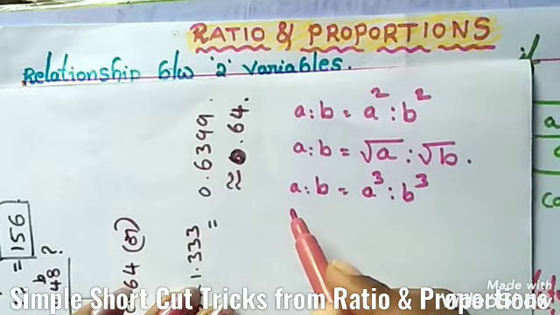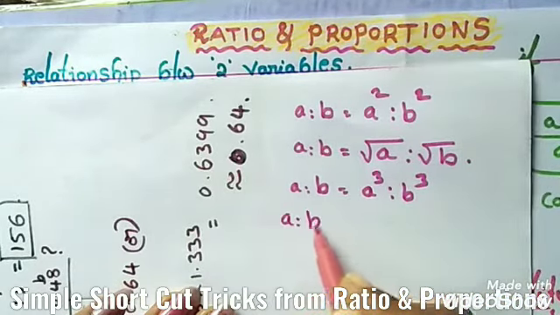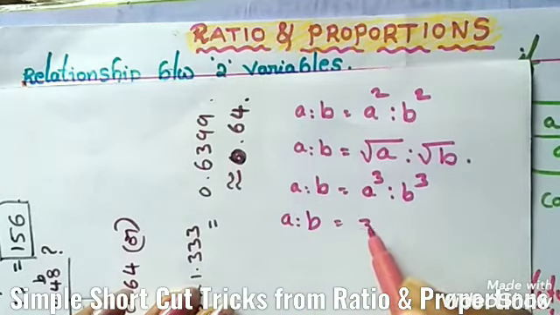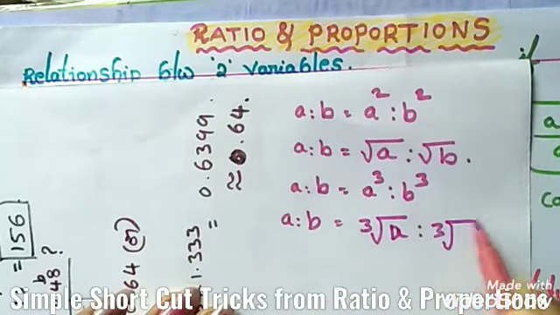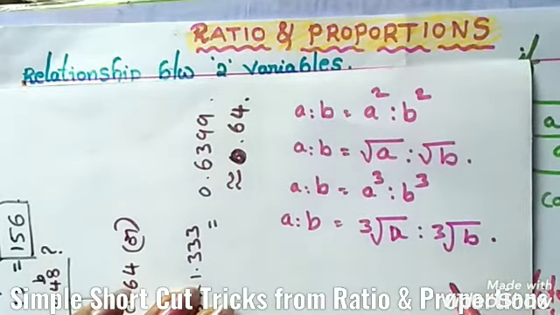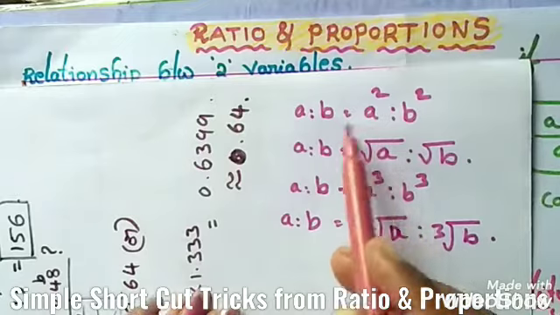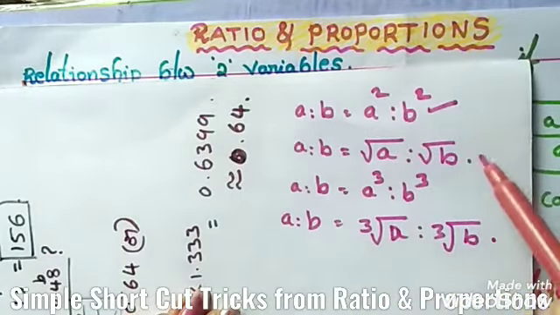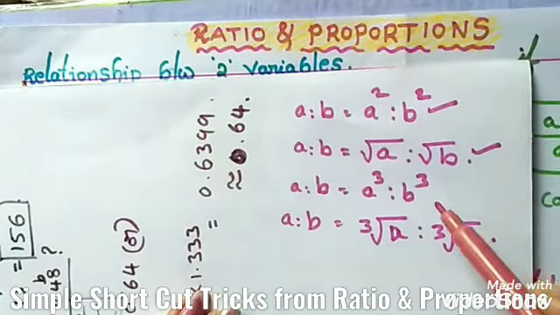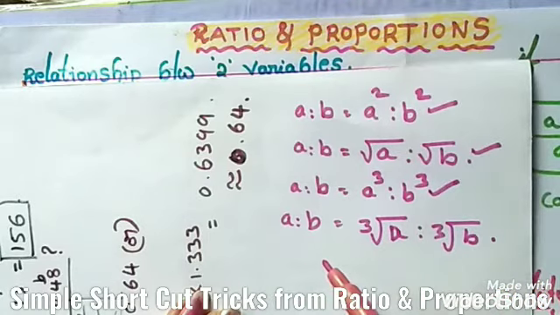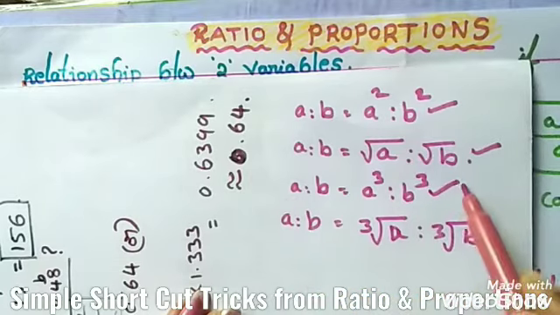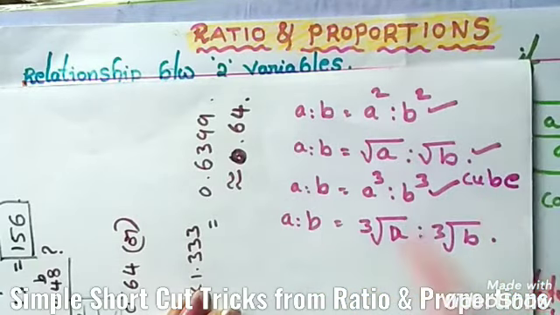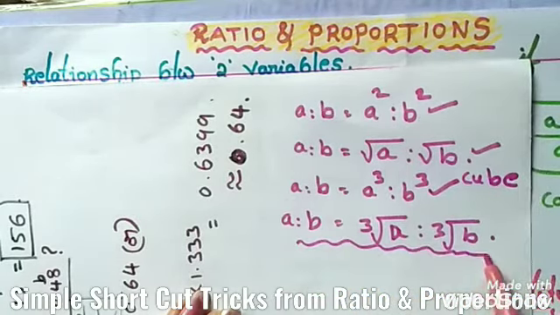And the last one is cube root ratio of A is to B, that is cube root A is to cube root B.